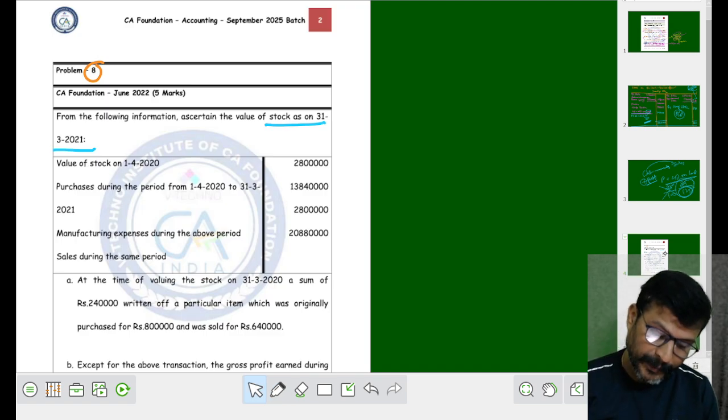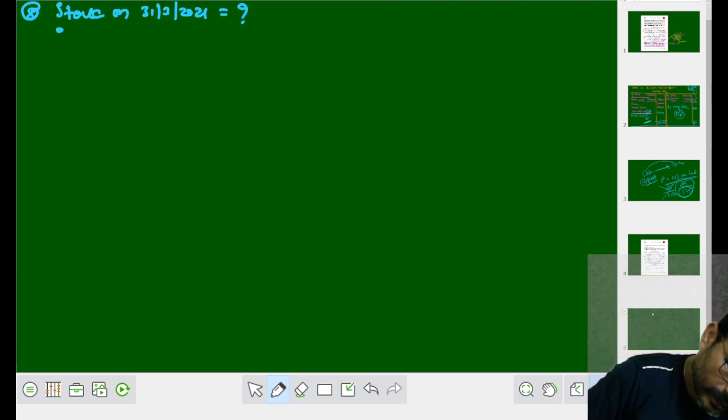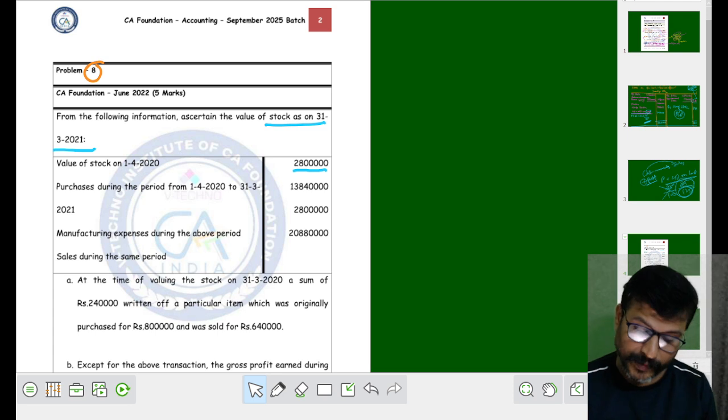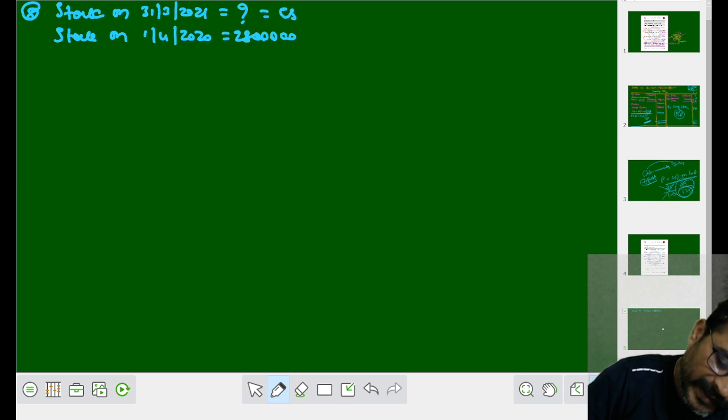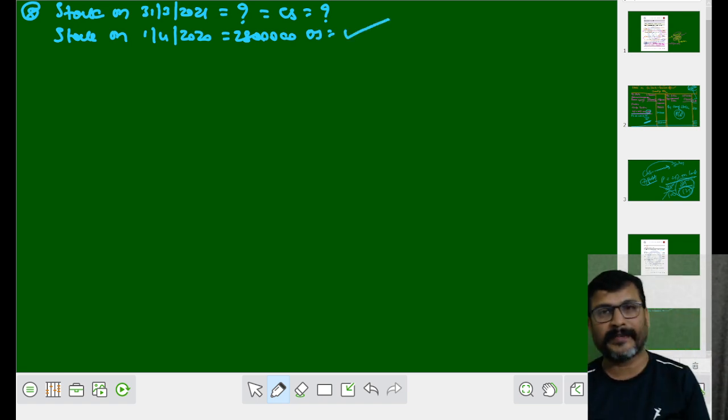Value of stock on 1st April 2020, that is 28 lakh, is given. Stock on 1st April 2020, how much? It is 28 lakh. So, with the help of this, we can say that closing stock is the question mark, opening stock is given.